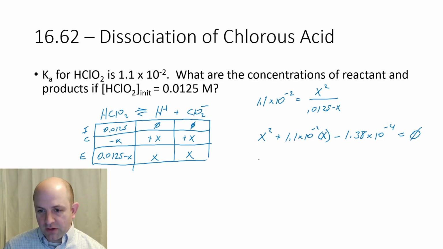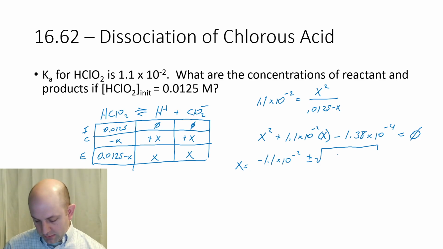That means we've got to use a quadratic. So let's see, the quadratic is that x equals negative b, so negative 1.1 times 10 to the negative 2, plus or minus the square root of b squared, so 1.1 times 10 to the minus 2 squared, so that's 1.21 times 10 to the negative fourth, minus 4ac, so that's 4 times that, so 1.38 times 10 to the minus fourth times 4.